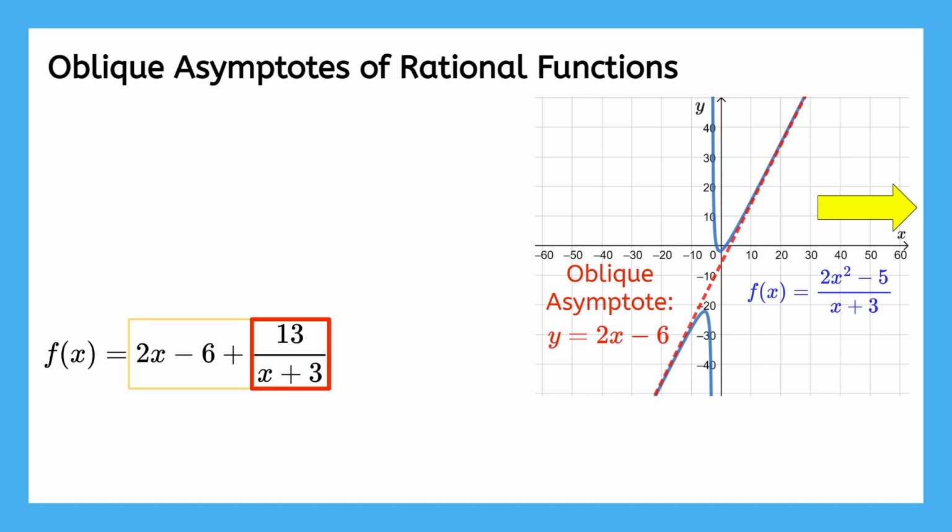As x increases, the fractional part would get smaller since x is in the denominator here. 13 over 1 million plus 3 would be a really, really small number. And it would keep getting smaller as we go further to the right onto bigger and bigger values of x. But the 2x minus 6 will also keep getting bigger and bigger.